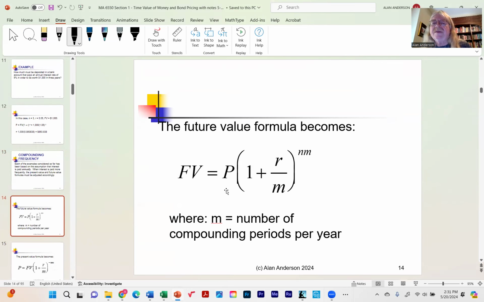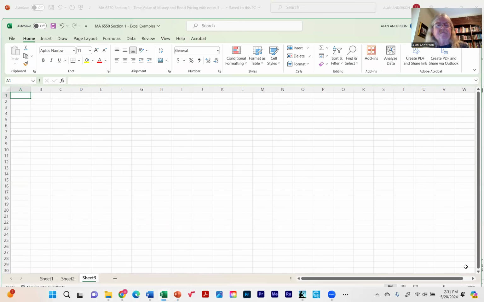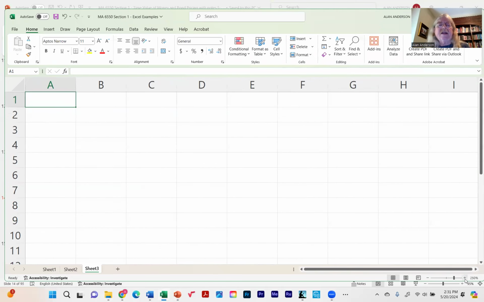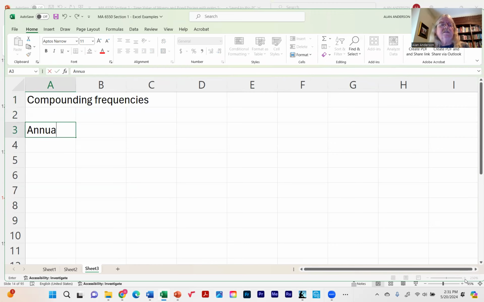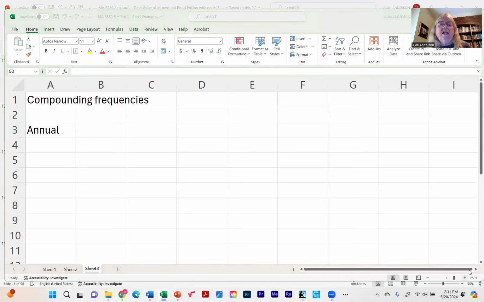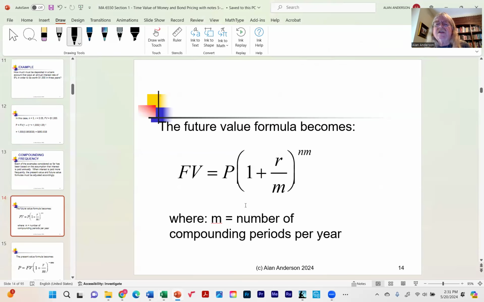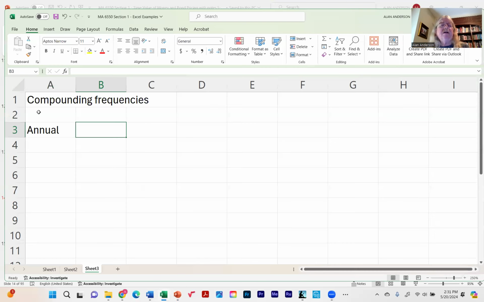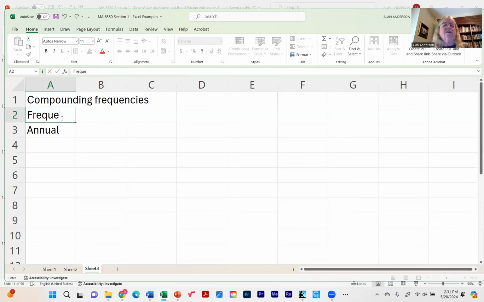So when that happens, these formulas have to be adjusted. So actually, let me just briefly mention here the types of compounding you may run into in practice. They could be annually, which means once per year. And by the way, in these slides, the letter M is going to be used to represent what we call the number of compounding periods per year. So M, let's make a little chart here.